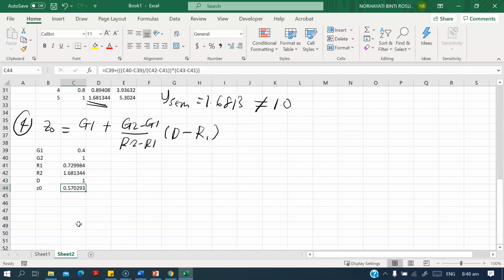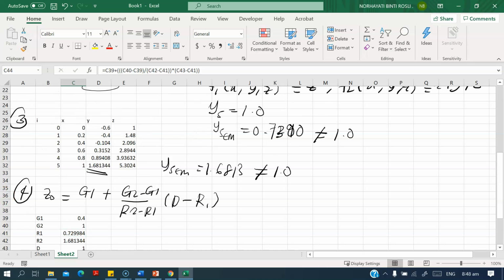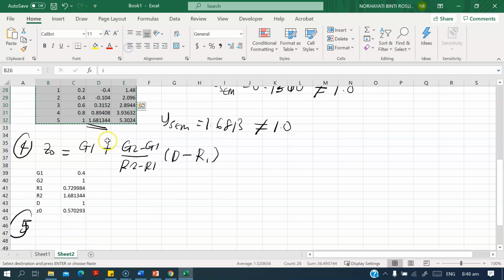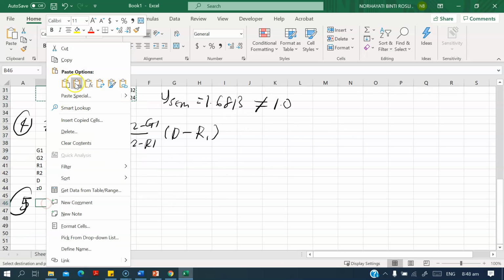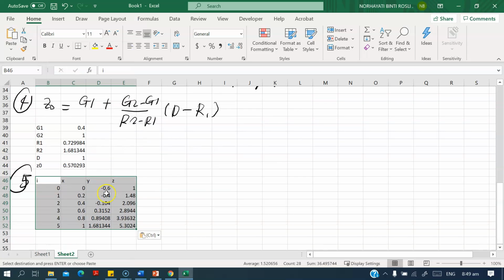And then the next step, number 5. Once you got your actual Z0 here, you have to repeat your computation by using the Euler method. Again, I copy this one and paste it here as a formula, because I want to make sure it will change according to our new Z0.